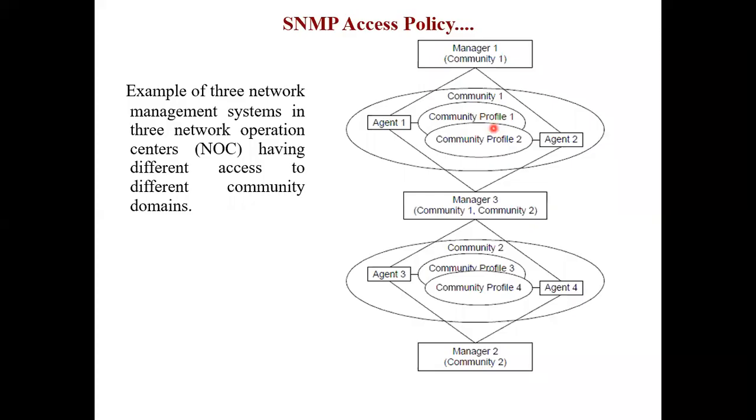That is the work of SNMP that we have seen. In the encapsulation, the very first field will be the community name or community profile. Seeing that field, I will understand which community he belongs to, and if he does not belong to my community, I will not send the data.